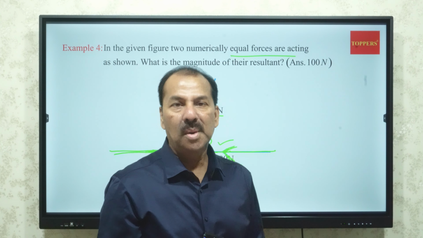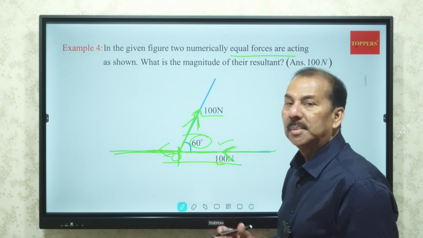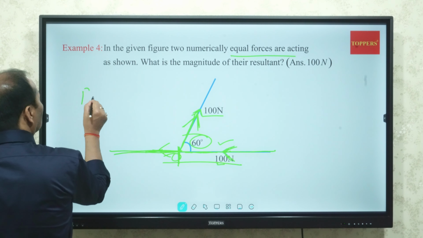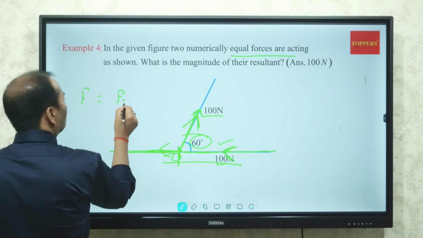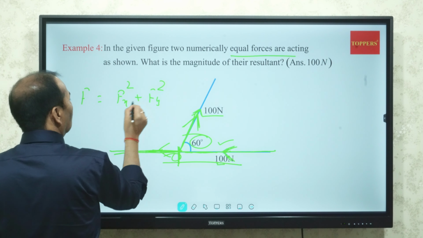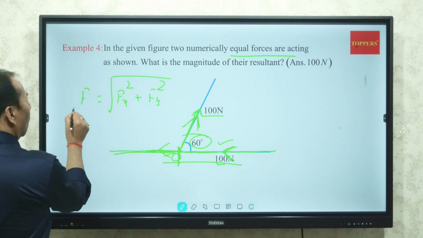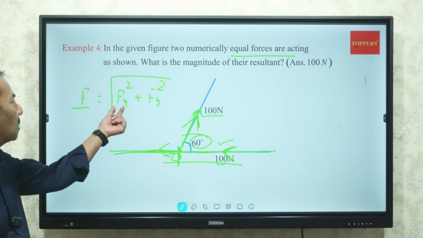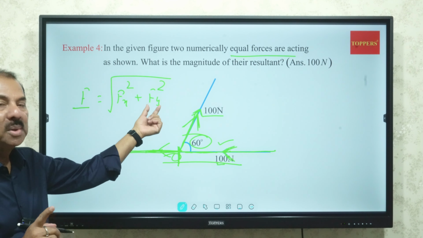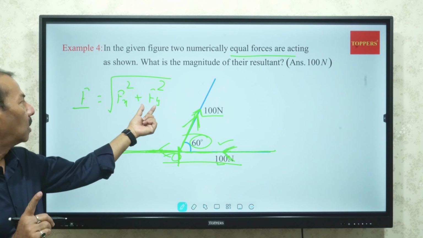After that we will find the resultant. If F is the resultant force, then F is equal to the square root of Fx square plus Fy square. Fx means the sum of all forces acting along the x-axis, and Fy means the sum of all forces acting along the y-axis.